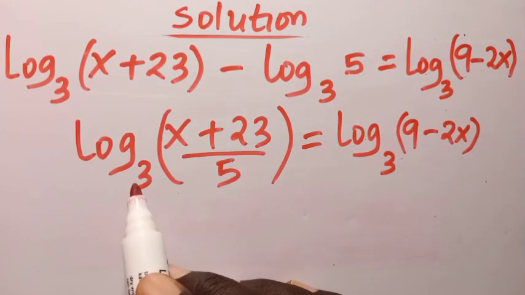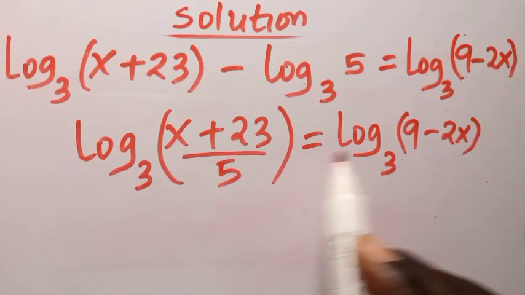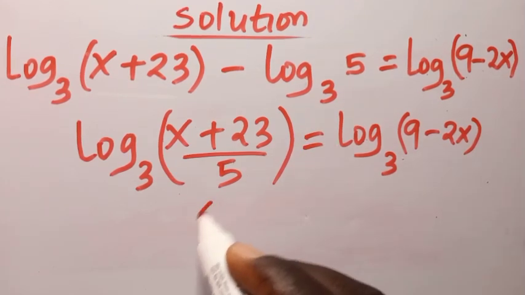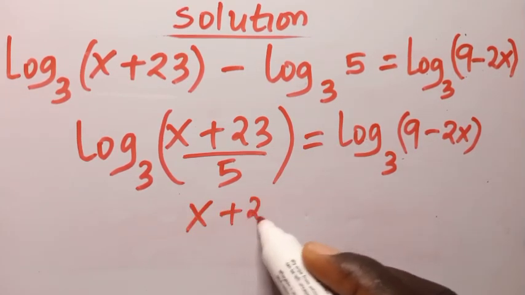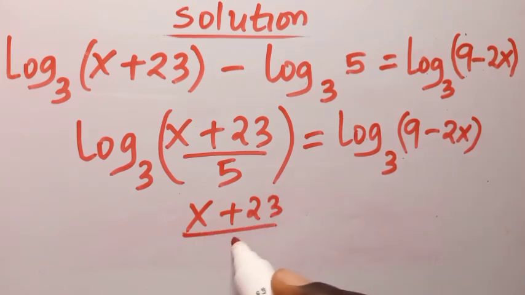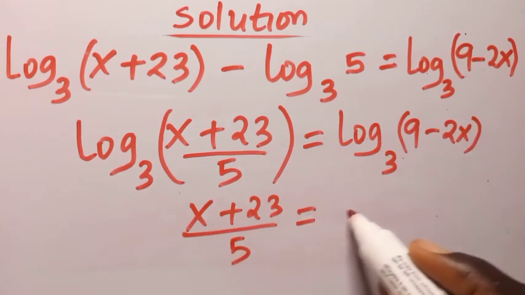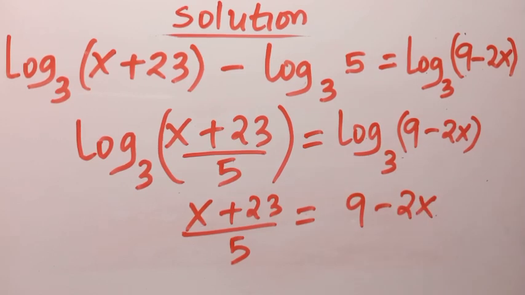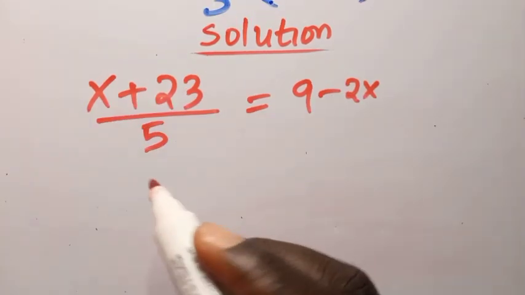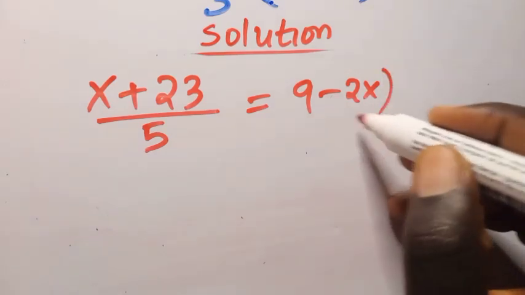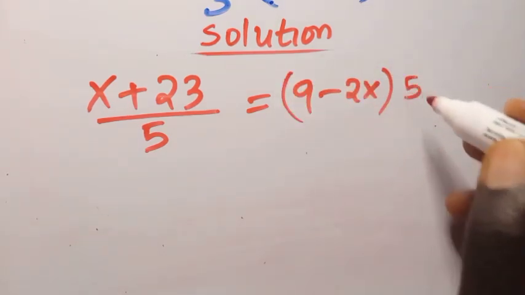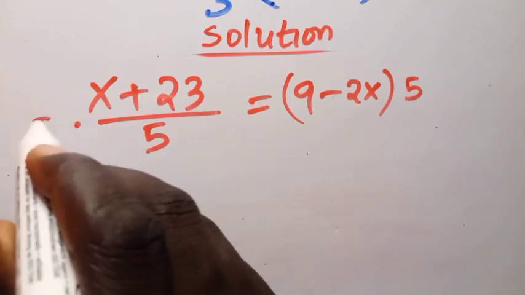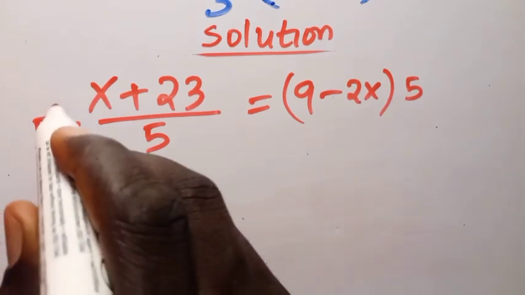Now, since these are logarithms of the same base and there is an equal sign in between, we can equate x plus 23 over 5 with 9 minus 2x. From there, we can multiply by 5 on both sides so that we eliminate the 5 in the denominator on our left-hand side.